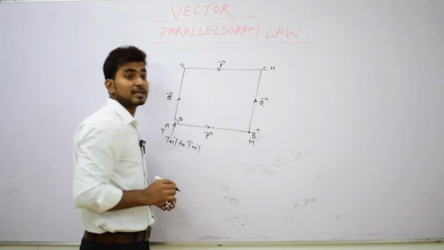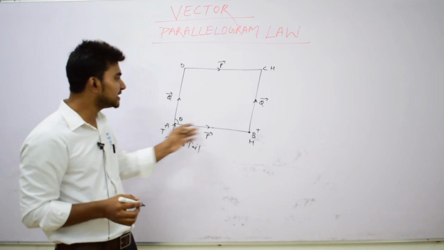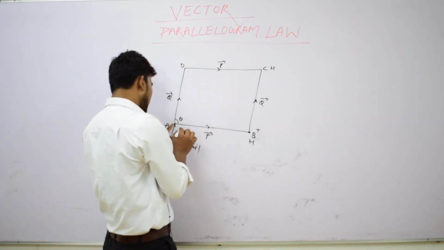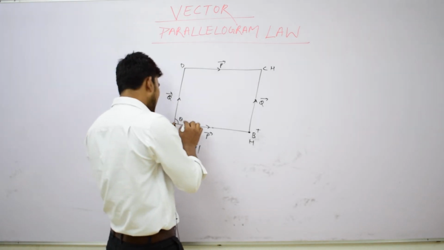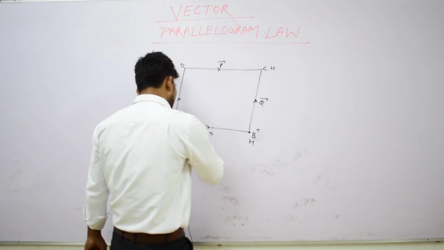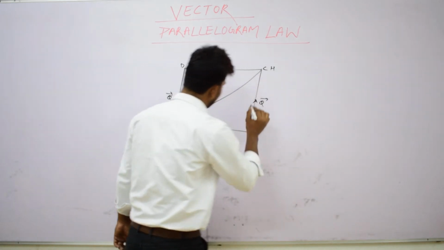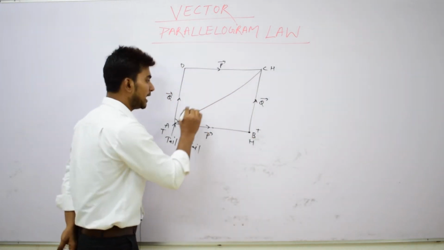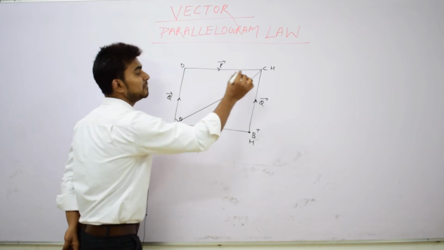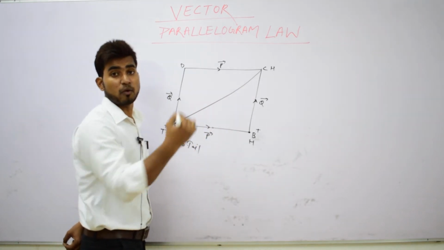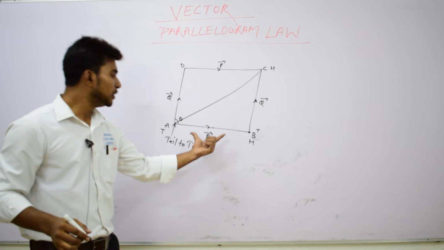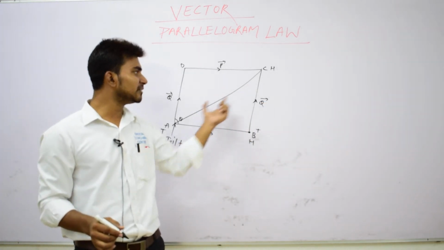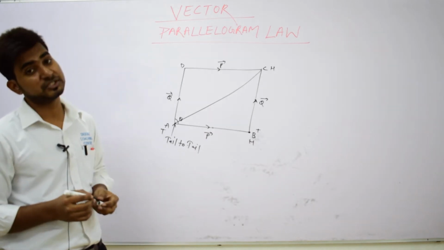But for joining a resultant, what is the resultant? The resultant is the closing side. So if I join point A to C in a straight line, this is the diagonal of this parallelogram, and the resultant will be represented by the diagonal. According to the definition, if two sides are represented by two different vectors, then the resultant will be represented by its diagonal.